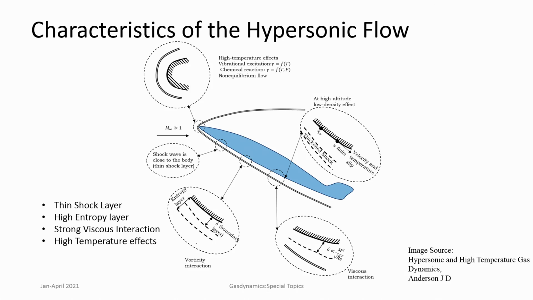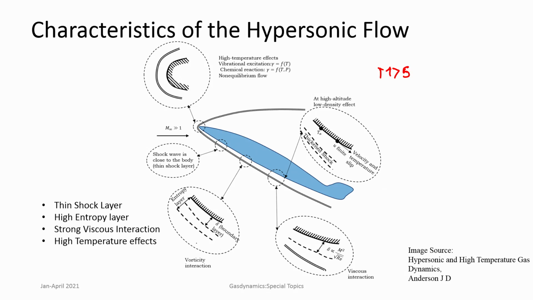When such effects start dominating the flow field, then it is termed hypersonic flow. Generally, a Mach number greater than 5 is a good ballpark point to say that the flow has become hypersonic, and you can start considering these effects.